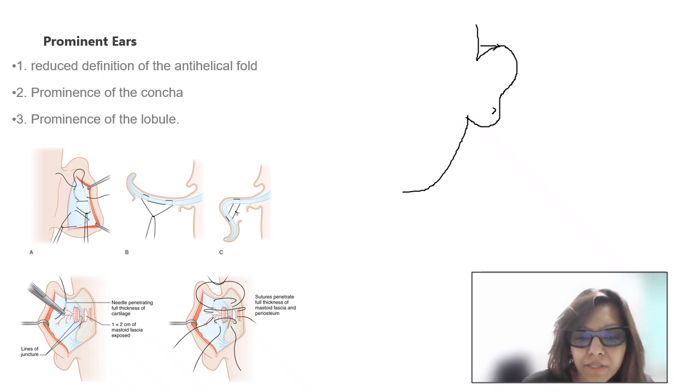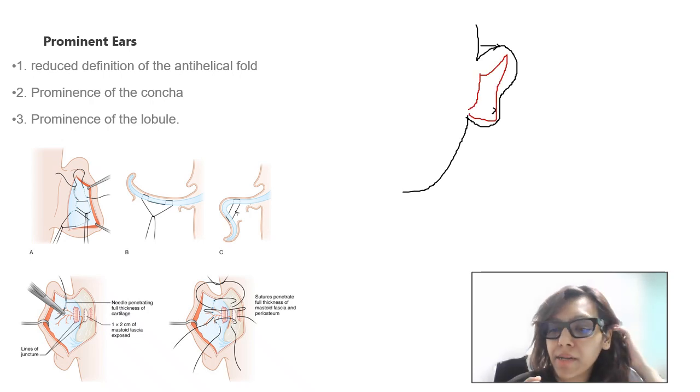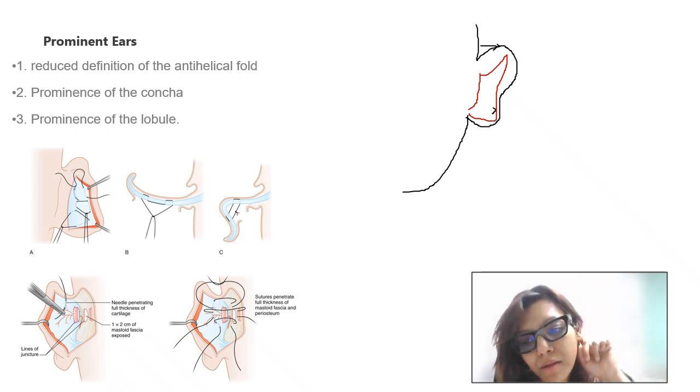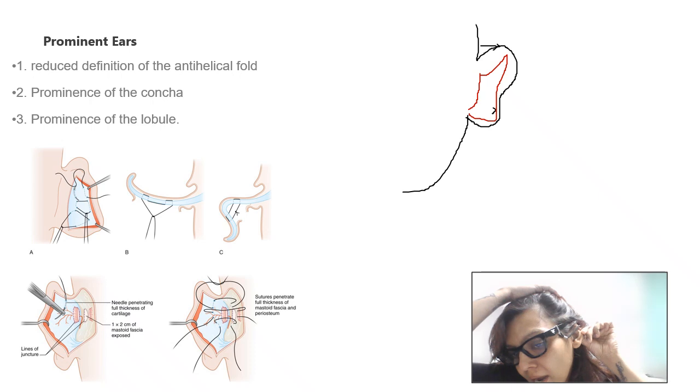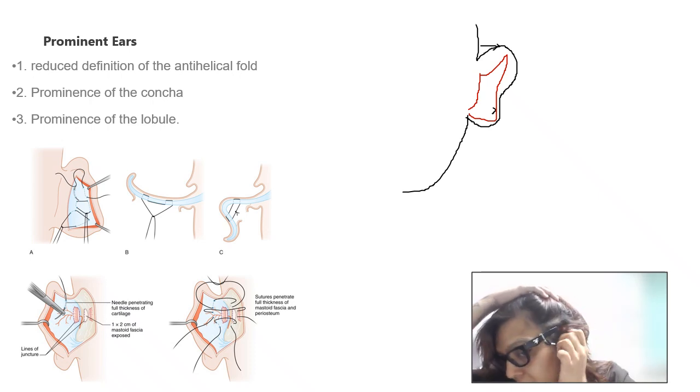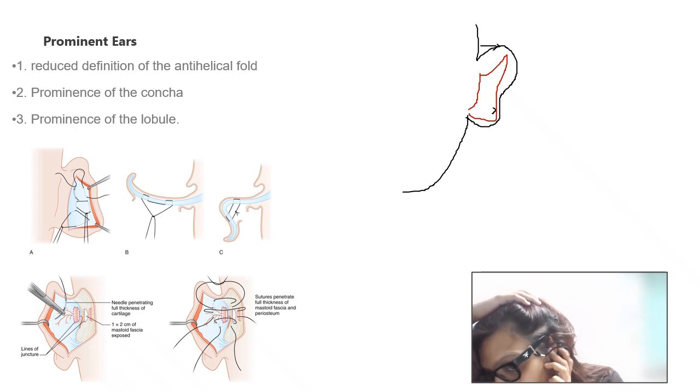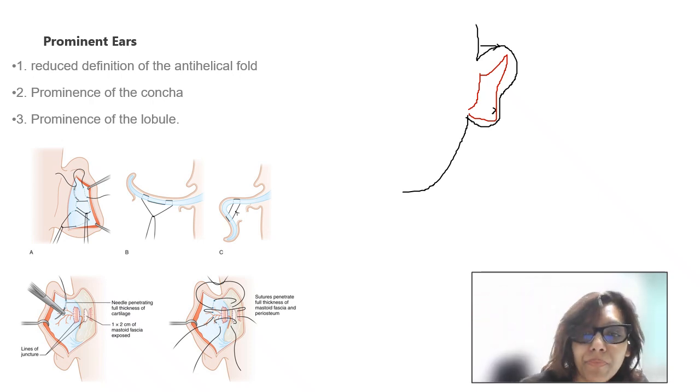The Mustarde suture is you make the incision. What you're trying to do is create this cupping. The whole thing is flat, and you're trying to create the cupping. So when you take this part and you fuse it to the mastoid over here, what you're doing is taking a horizontal suture from the mastoid fascia and going into the cartilage after scoring the cartilage.